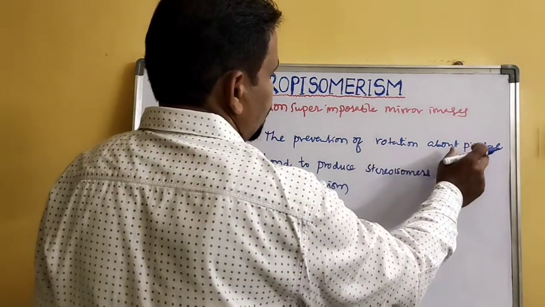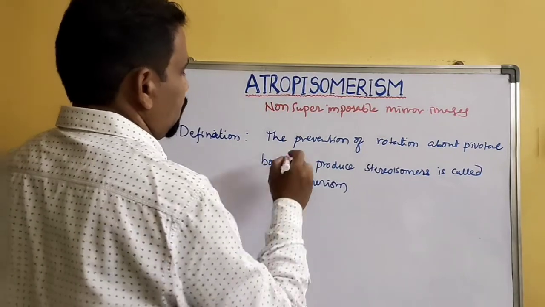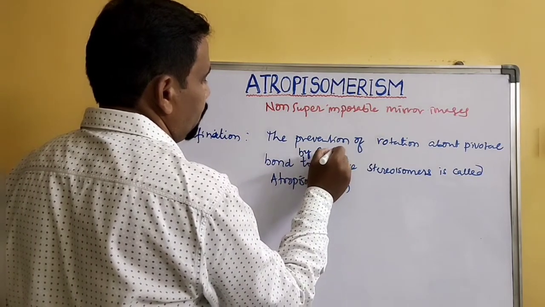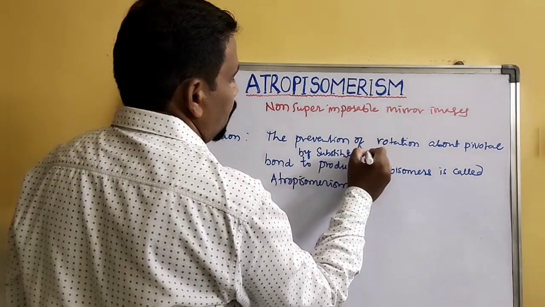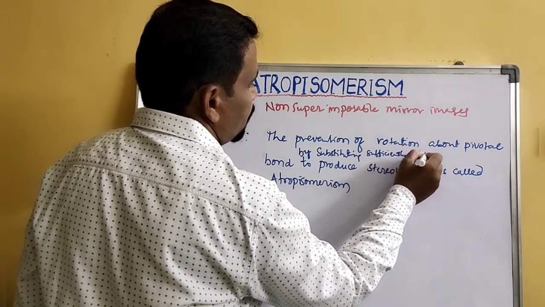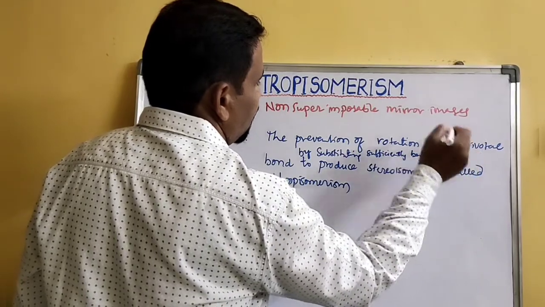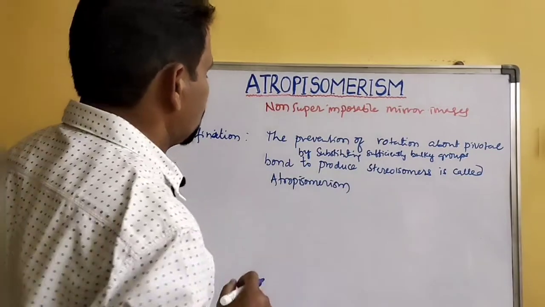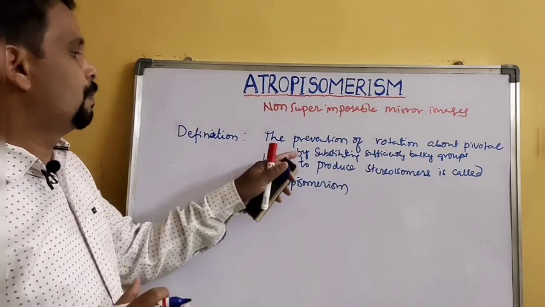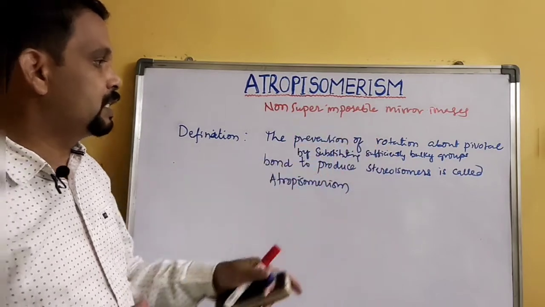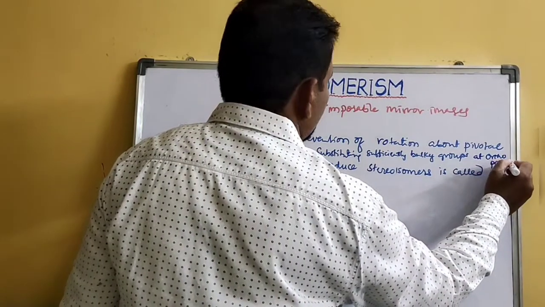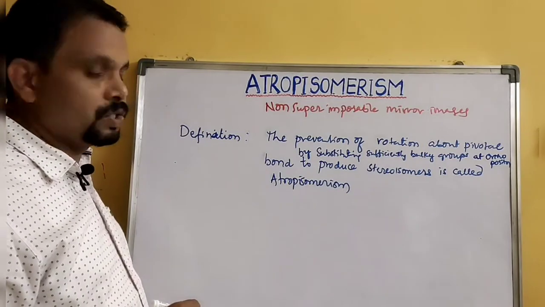So the prevention of rotation about a pivotal bond, you can add something here, by substituting sufficiently bulky groups at the ortho position to produce stereoisomers, is called atropisomerism.